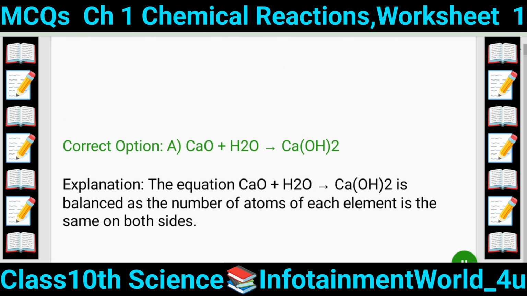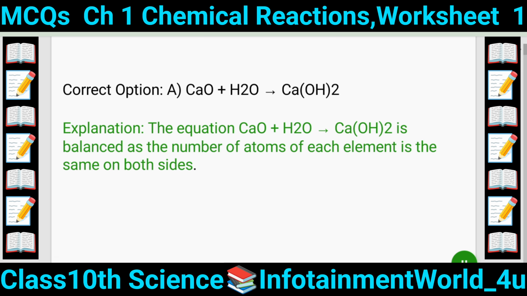Correct option A. Explanation. The equation CaO + H2O → Ca(OH)2 is balanced as the number of atoms of each element is the same on both sides.